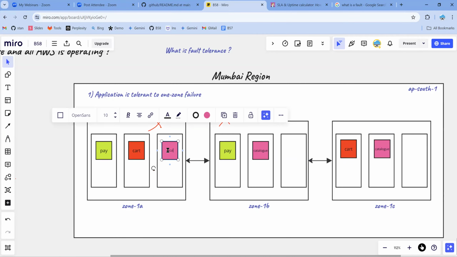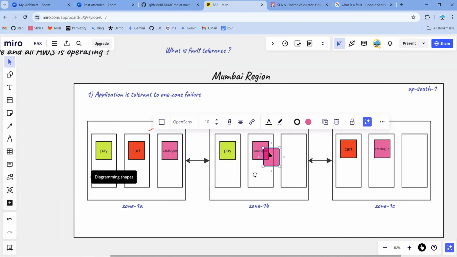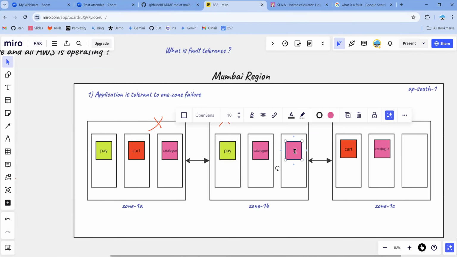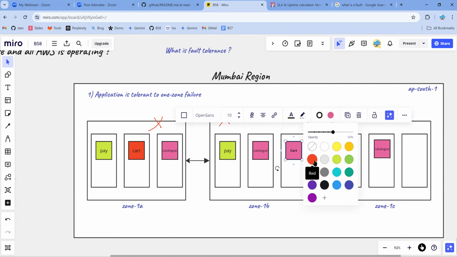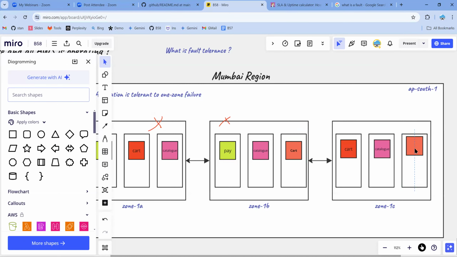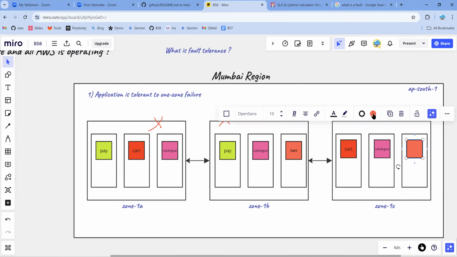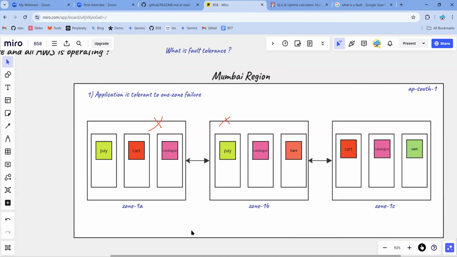Now in this situation, if you lose 2 zones, will your application still work or not? Again, I'm going to send the poll one more time. In this case, will it work or not?